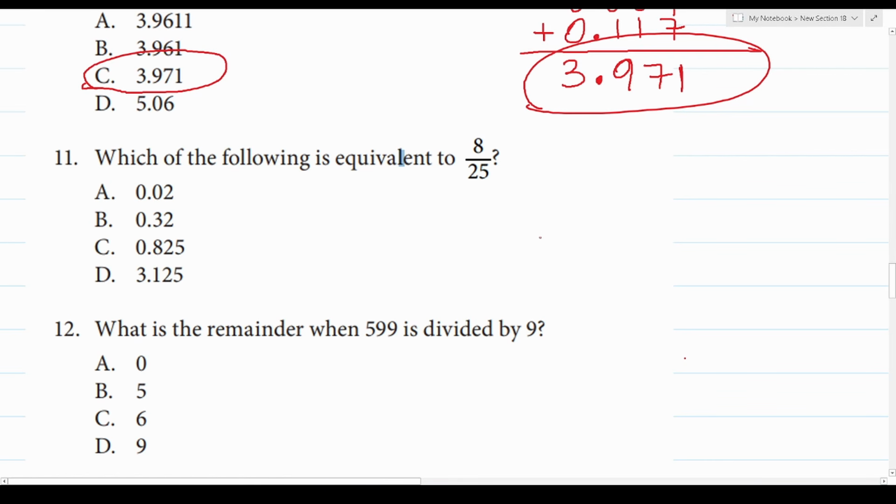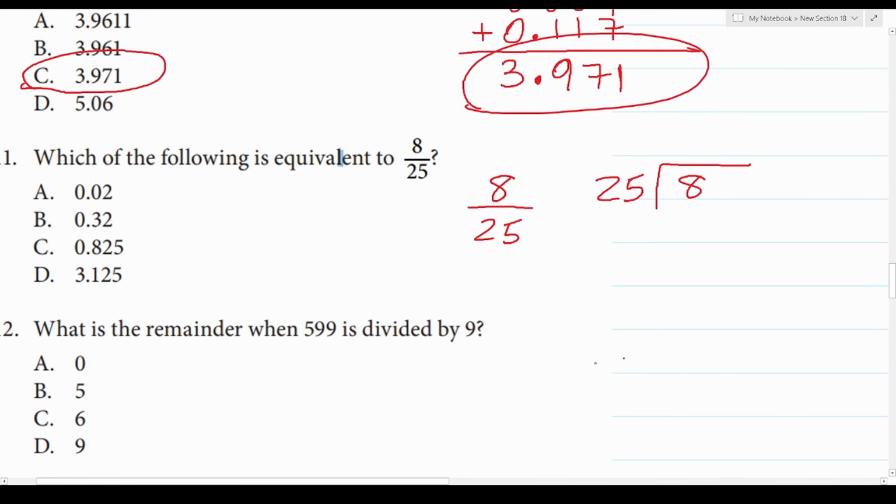Number 11 says, which of the following is equivalent to 8 over 25? So as we've seen in this video already, to write a fraction as a decimal, we take that fraction and we treat it like long division. Again, fractions can be read as fractions, 8 over 25, or we could read this as long division by reading it as 8 divided by 25.